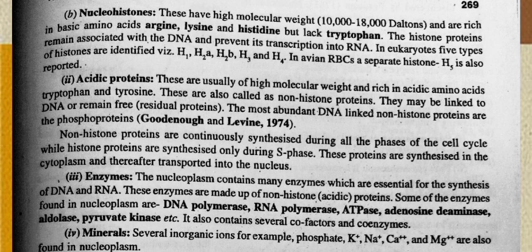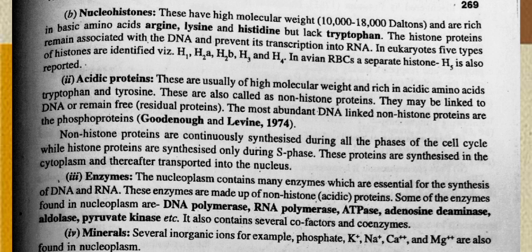The most abundant DNA-linked non-histonic protein is phosphoproteins. Phosphoproteins were described by these two scientists, Kodenau and Levine in 1974. Non-histone proteins are continuously synthesized during all the phases of the cell cycle, while histone proteins are synthesized only during S phase.